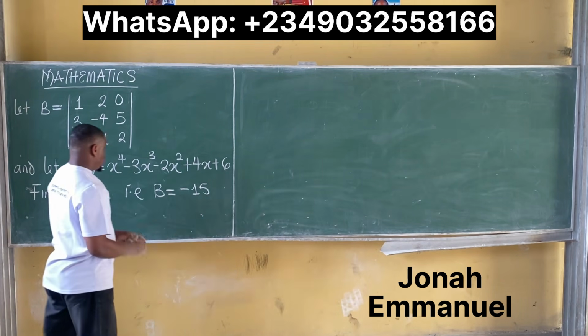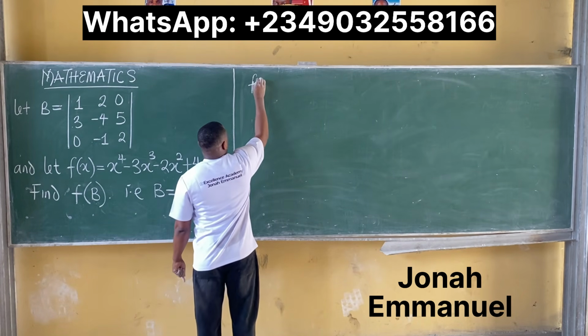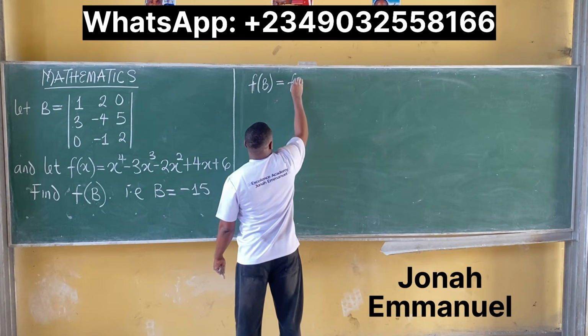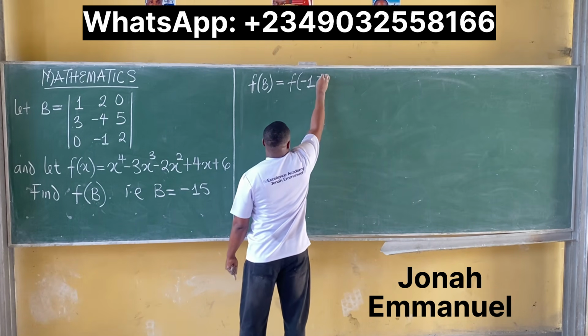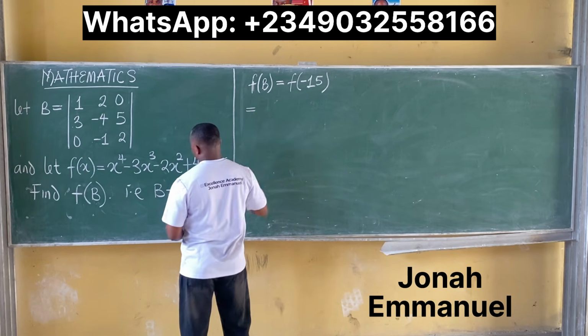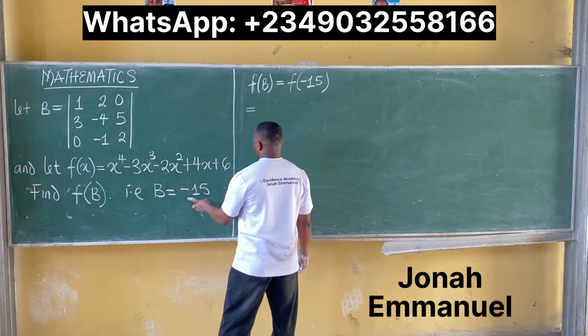At this juncture, if you're asked to evaluate f of B, that's simply f of minus 15. Wherever you see x, you put minus 15.